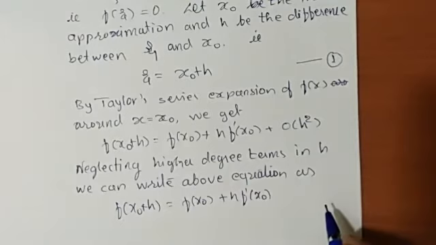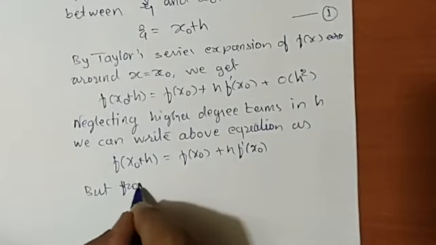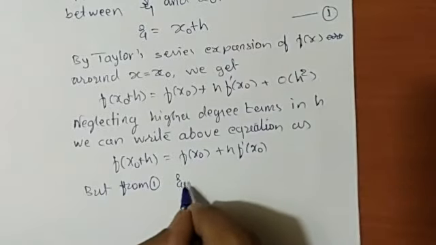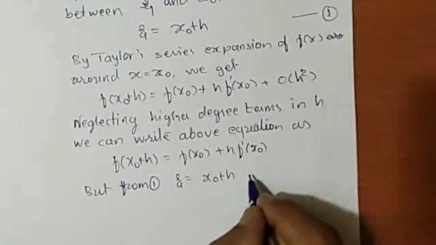But from equation 1, xi is equal to x naught plus h.